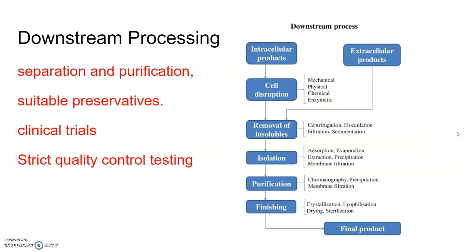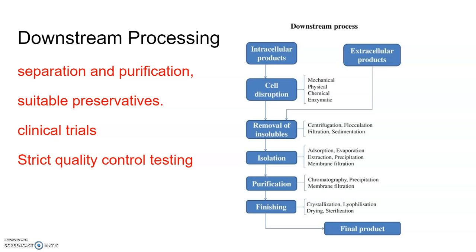Now the last topic of this chapter is downstream processing. After completion of all the biosynthetic stages, the product has to be subjected to a series of processes before it is ready for marketing as a finished product. These processes include separation and purification, which are collectively referred to as downstream processing.